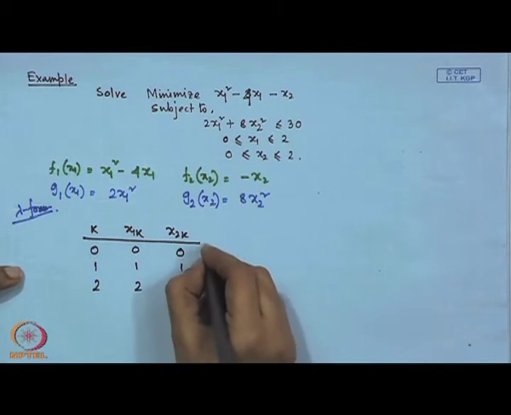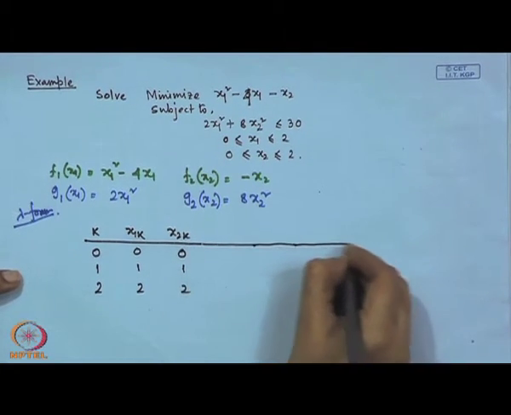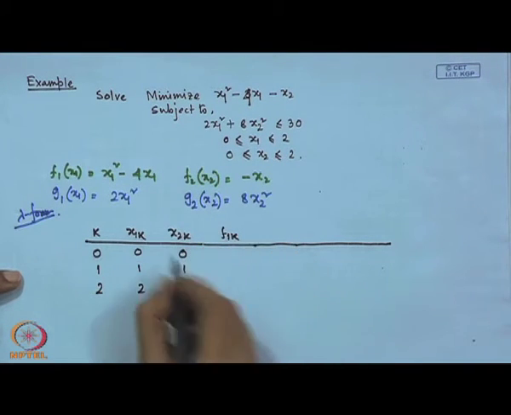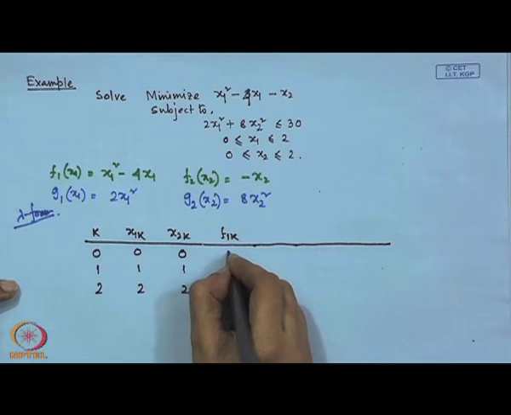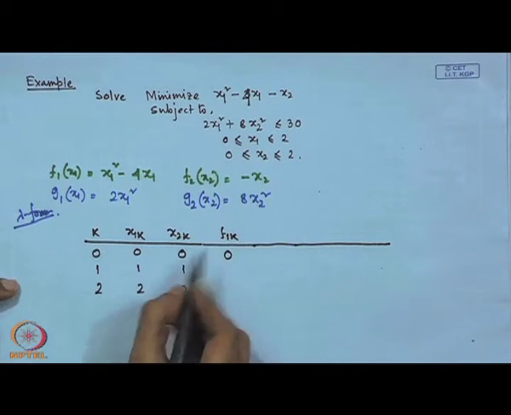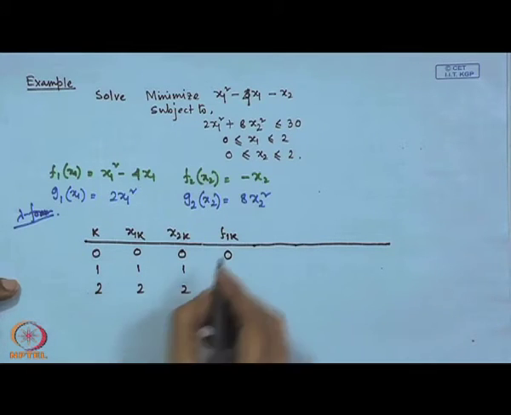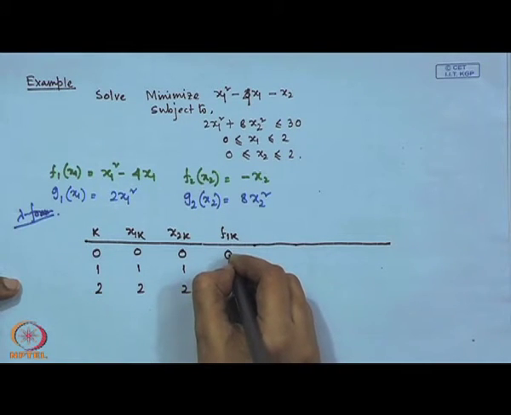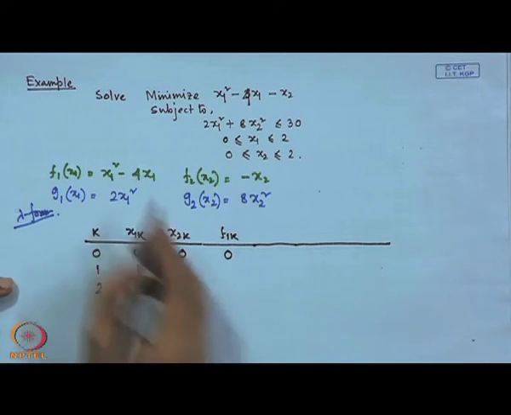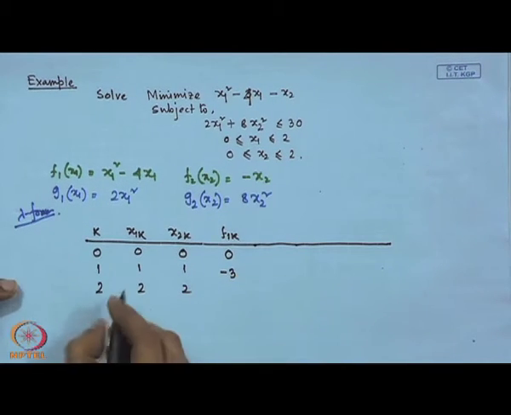Alright, let me find out the functional values here. What we get? f10 is equal to 0, and f11 would be equal to 1 square minus 4, that is equal to minus 3.